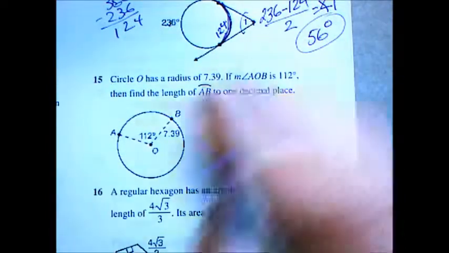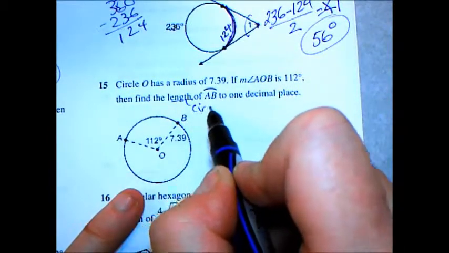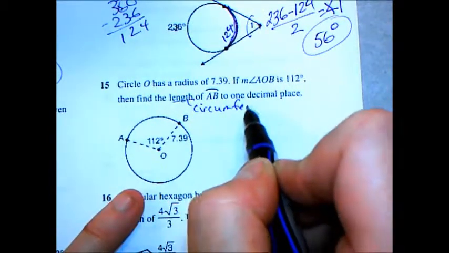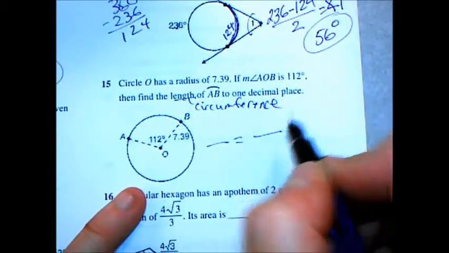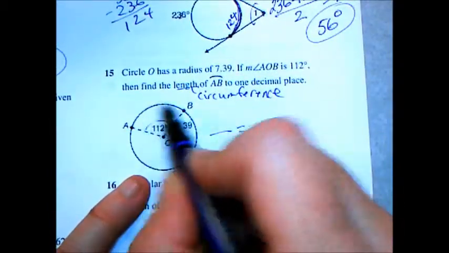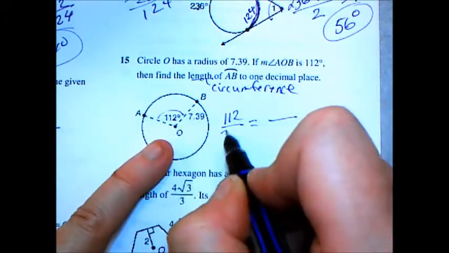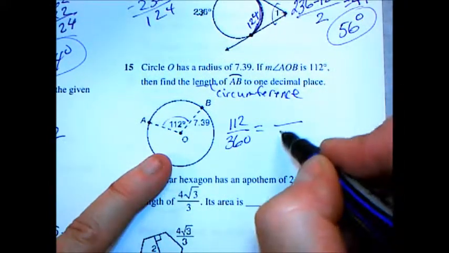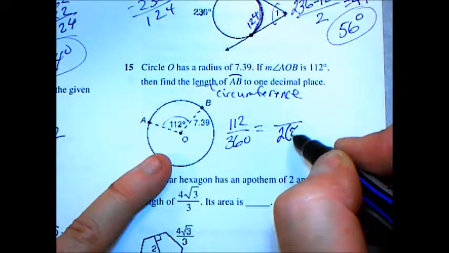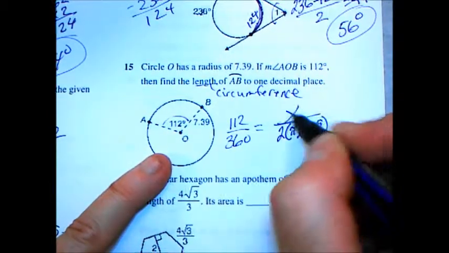Alright, on 15, they want to find the length. Length means I'm dealing with circumference, and it also means I'm dealing with a proportion. They're looking for that arc measure. So I'm going to take the degrees for that arc measure and put it out of the total of a circle. And then I need the circumference formula here, and that becomes my x.